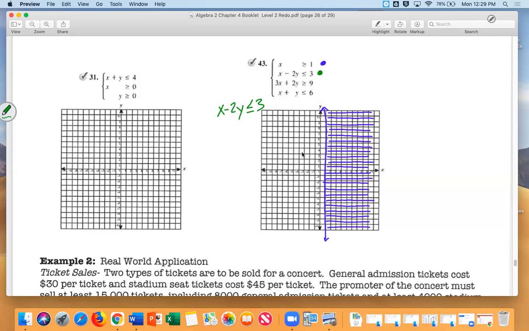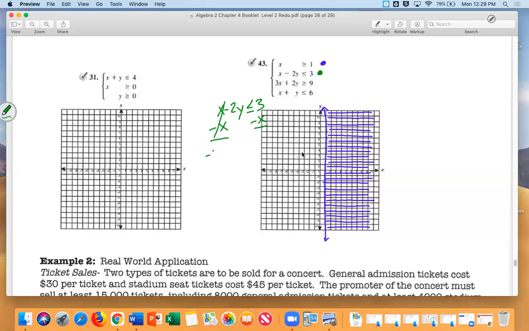Well, Jay, allow me to help you out here. Is 3 divided by negative 2 a whole number? No. So because it's not a whole number, Jay, that's going to give me a problem. So for this one, I have to get y by itself. So I'm going to subtract x.